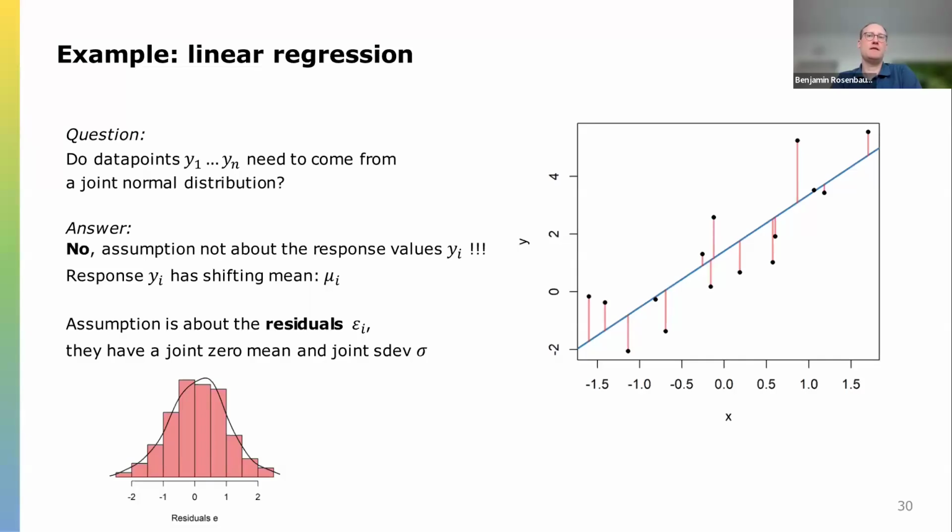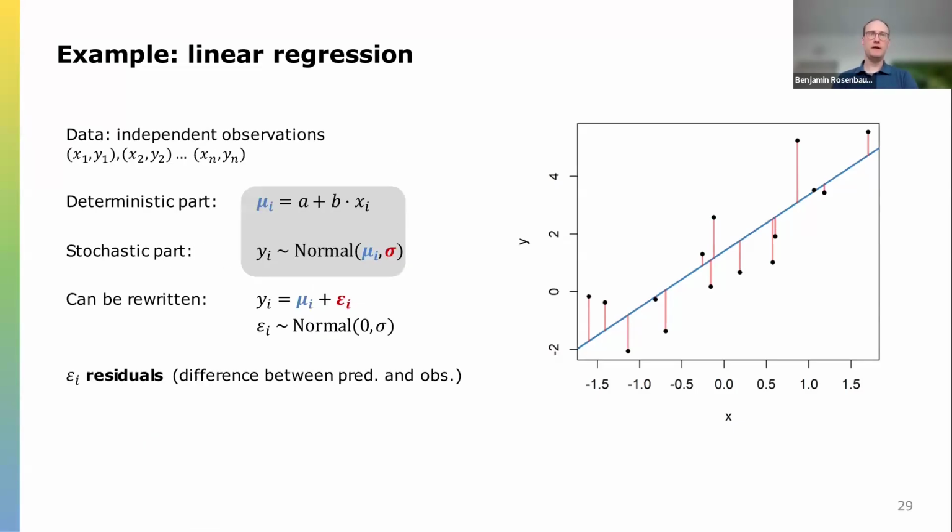A classical assumption in linear regression is that the residuals are normally distributed. If you look at this equation again, you see that all the epsilons here are assumed to be normally distributed with a zero mean and a standard deviation sigma. So now all of them follow the same distribution.